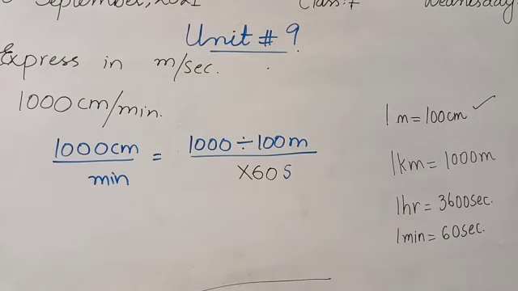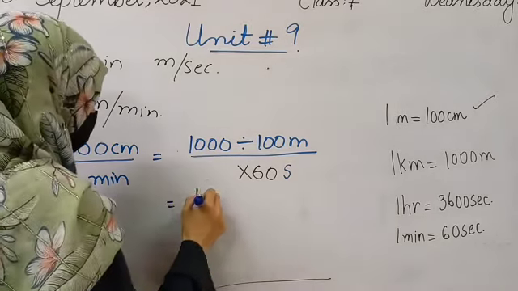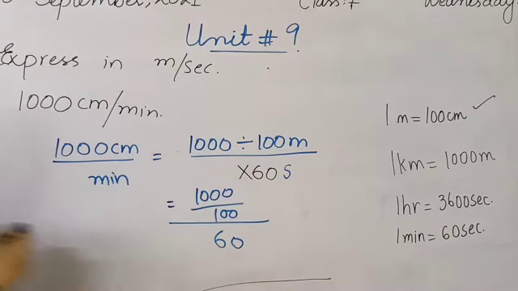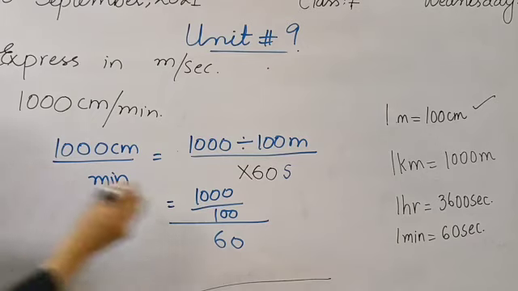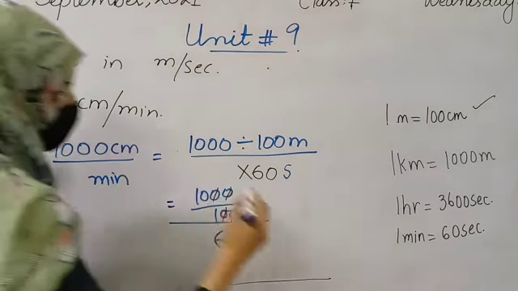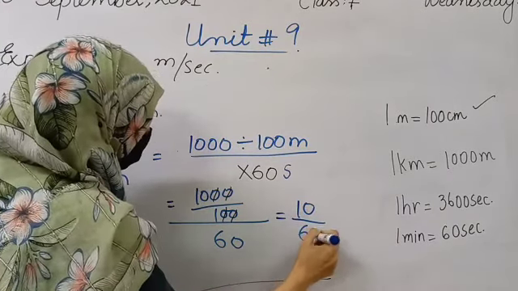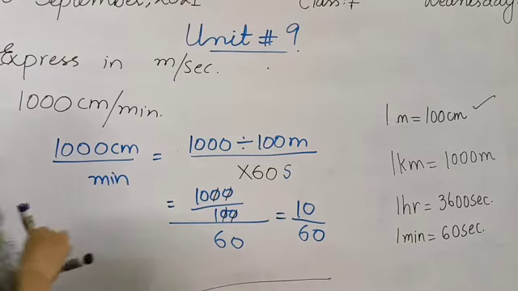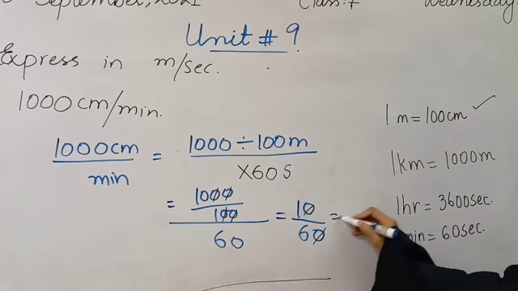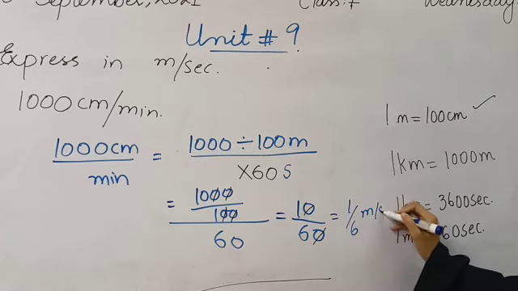Okay. Now first of all divide 1000 with 100. You can divide like this over 60. Zeros cancel away and we are left with 10 over 60. Again zeros cancel and we have only 1 over 6 meter per second.